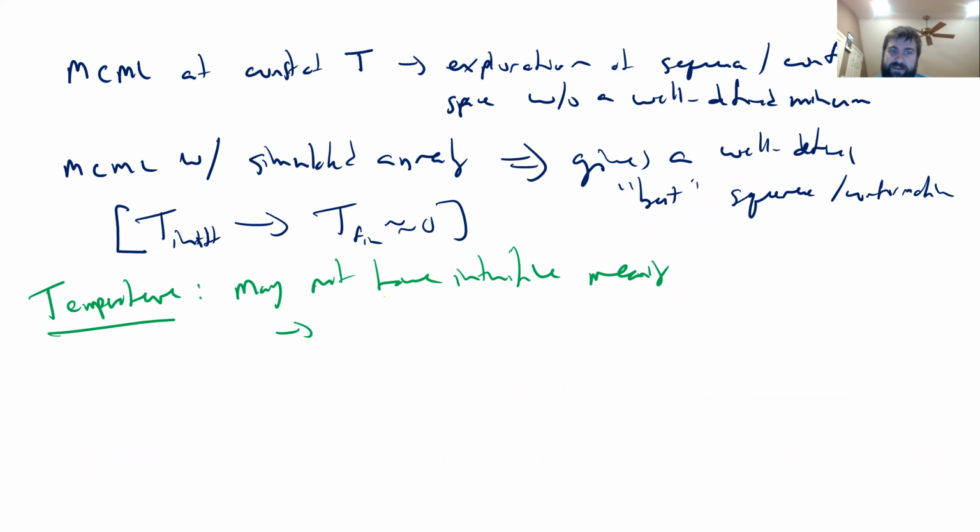We think of it purely as a scaling factor for the energies. And we may need to do experiments, play around with how different temperatures affect the optimization protocol in order to get reasonable results.